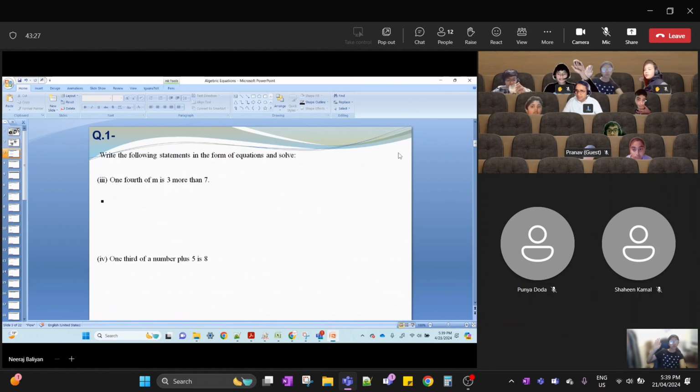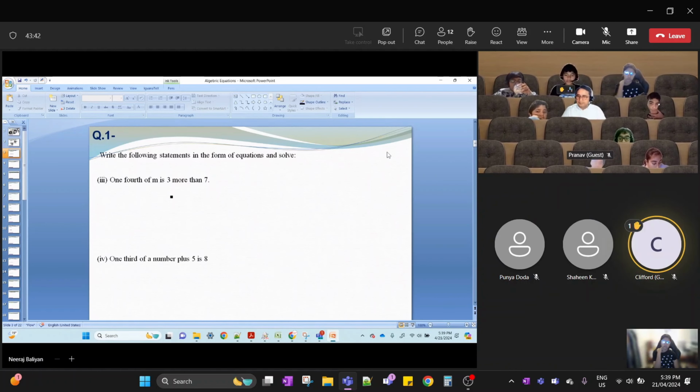Part 3. Abhi, yeah, let's do this. 1/4 of M is 3 more than 7. So quarter of M equals 10, because 1/4 of M is 3 more than 7, so that would be 3 plus 7, which equals 10.